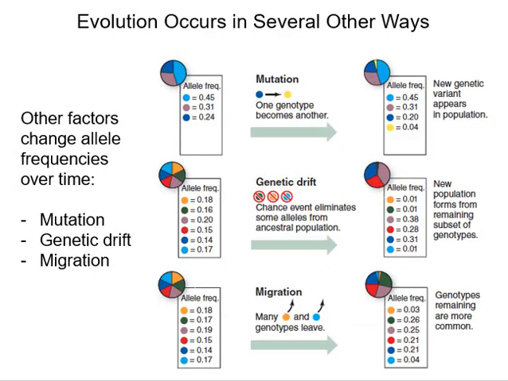Now, some other ways: mutations, genetic drift, and migration. Mutations occur when, in the process of reproducing during meiosis, base pairs, basically nucleotides, get misplaced. They're not exactly 100% the copy of the original cell.